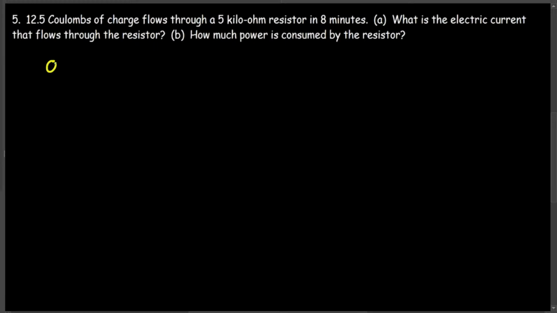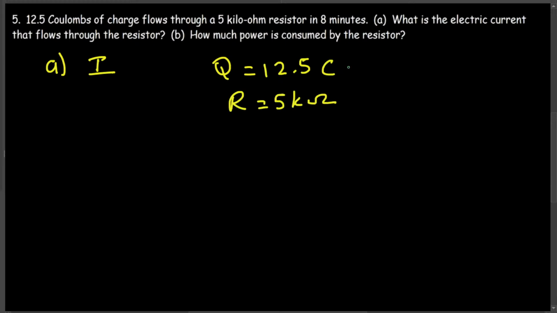The A part is asking what is the electric current that flows through the resistor. So the question is asking for the I. Let's actually write the given values. We have the charge, that is Q, that is equal to 12.5 coulombs, and then we have the resistor, that is 5 kilo ohm, and then we have the time, that is given by 8 minutes.